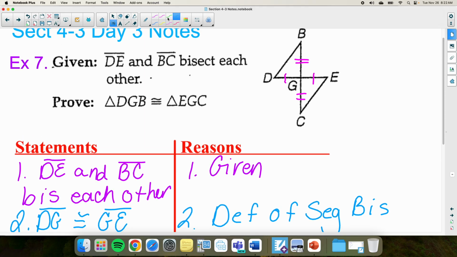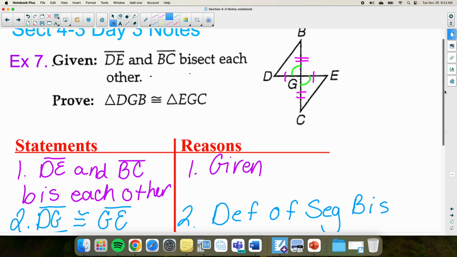Okay, now what we're gonna do is look at these two triangles and see if there's anything else. Would they be vertical? Vertical angles, very good. So whenever you have two straight lines that intersect, you wanna look for vertical angles.